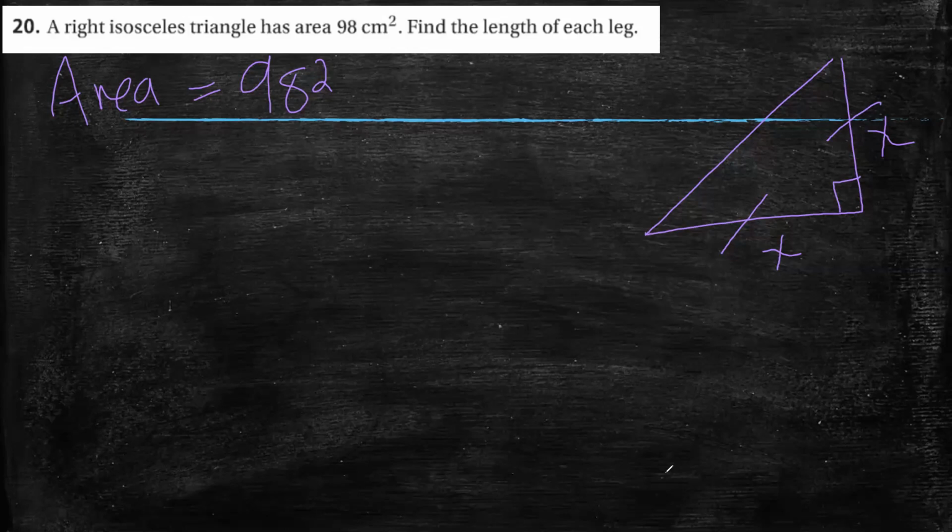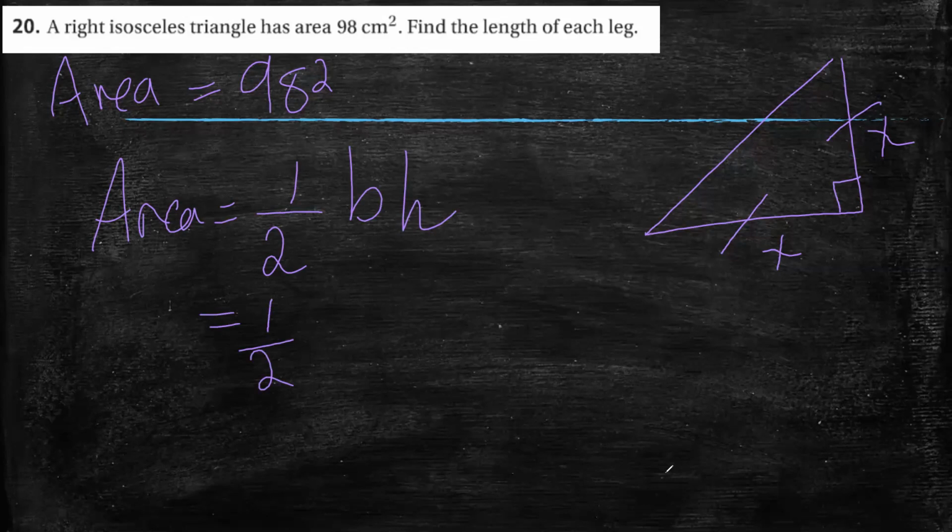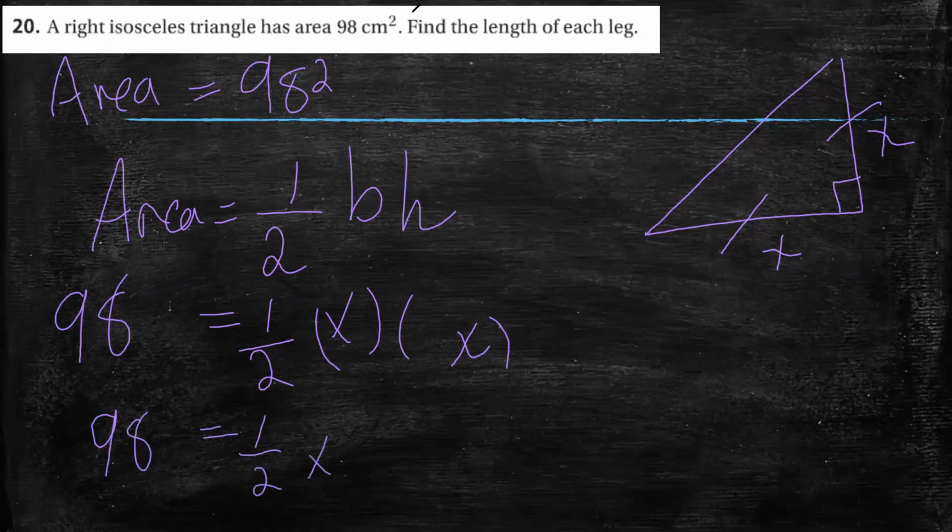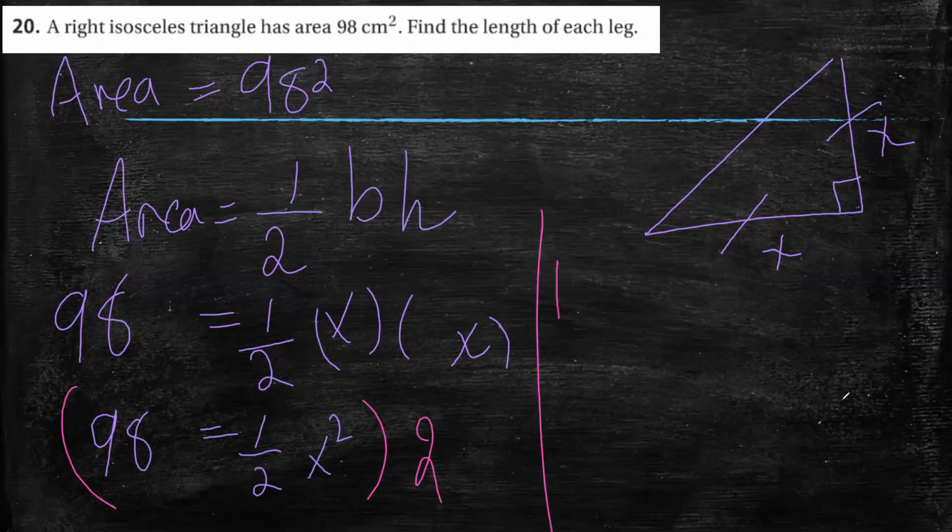So what is the area of the triangle? It is half the base times the height. What is the base of this triangle? It's x. And the height? It's also x. So it's going to be half x squared. So 98 is half x squared. Then you multiply both sides by 2 and you get 196 equals x squared.